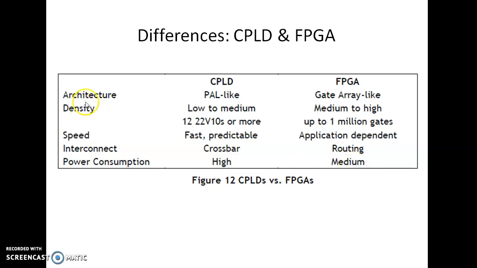So these are the parameters on which we differentiate CPLD and FPGA: architecture, density, meaning number of gates per unit area, speed, the type of interconnects that we use, and power consumption.